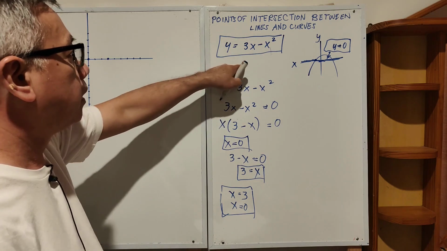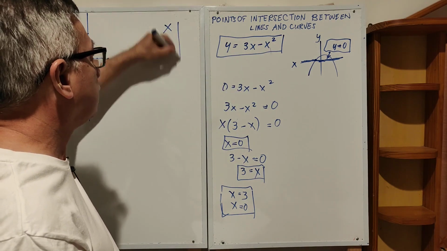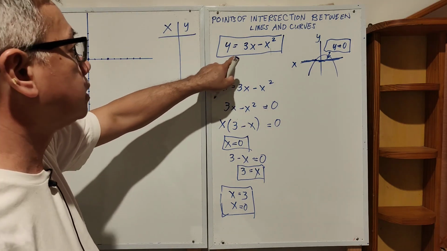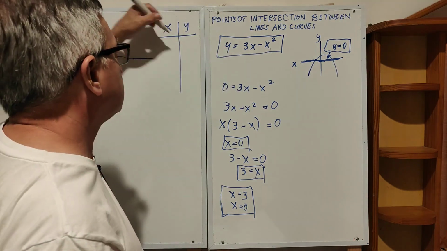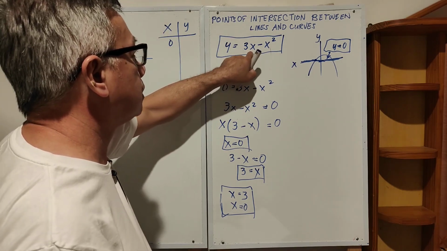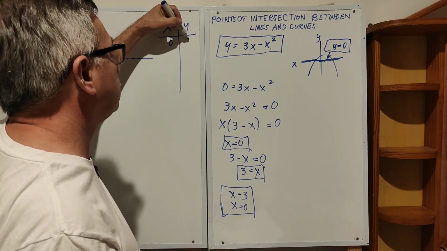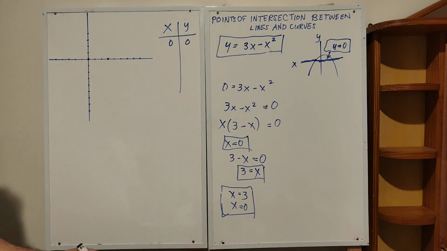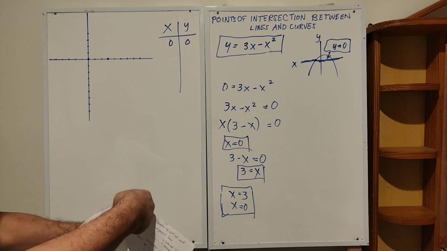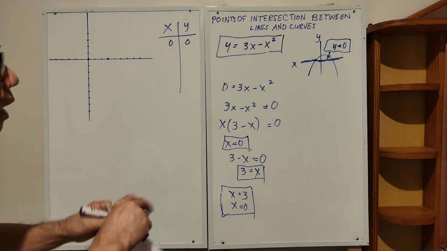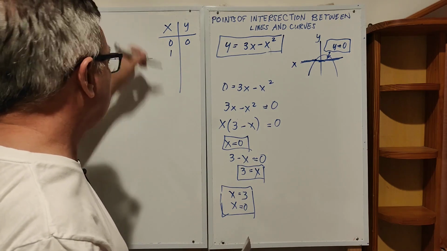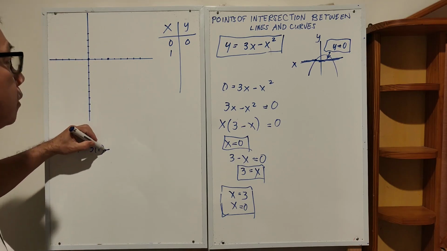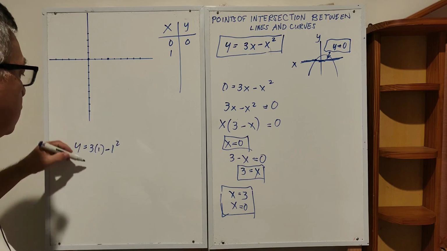Let's try to plot this graph. Let's do an x and y table. If x is 0, of course this will become 0, so y is equal to 0, which is this one. If x is 1, y is equal to 3 times 1 minus 1 squared.